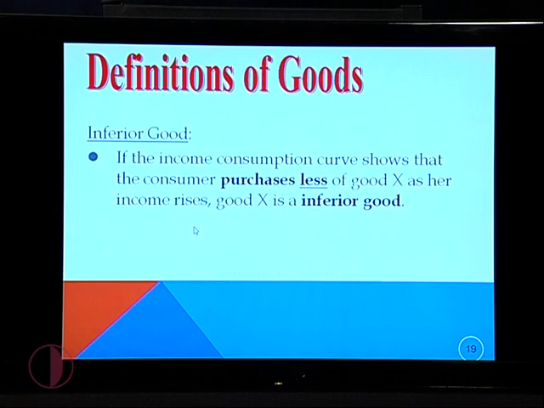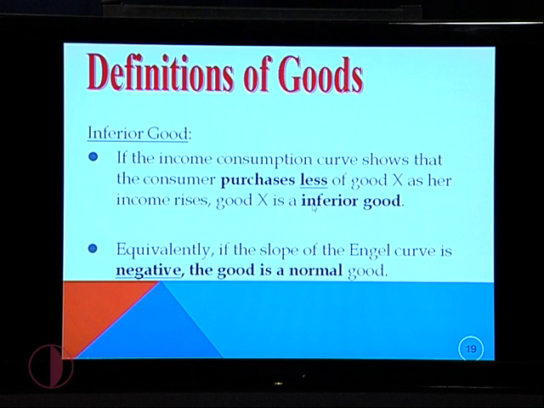For inferior goods, if the income consumption curve results in the income increase becoming lesser, the consumer will buy less, then this is supposed to be an inferior good, as you are understanding.